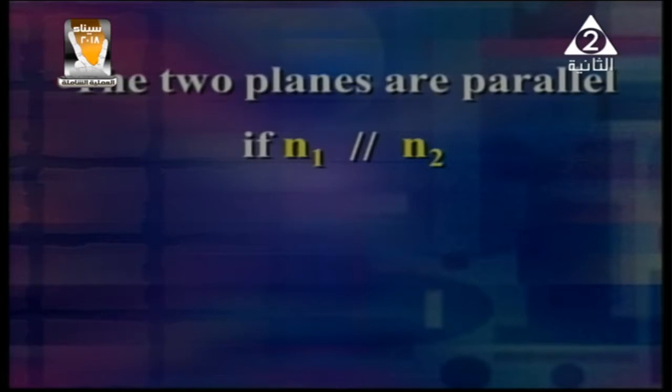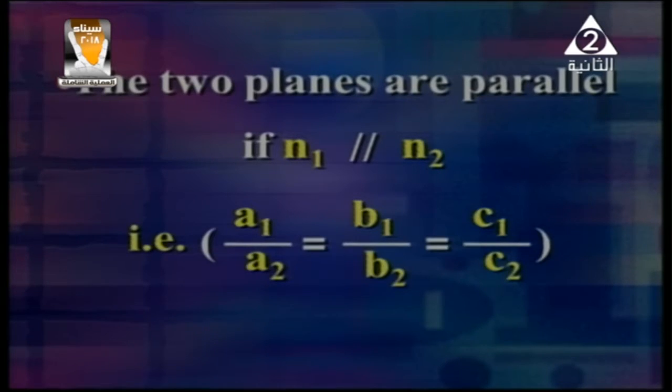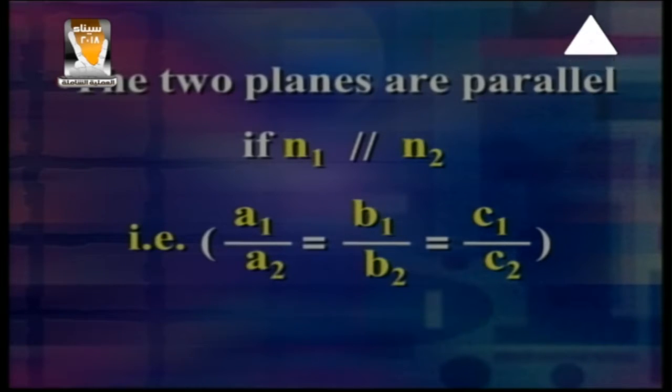Remember, two planes are parallel when N1 is parallel to N2. When planes are parallel, we must prove N1 parallel to N2 by using a1 over a2 equals b1 over b2 equals c1 over c2.